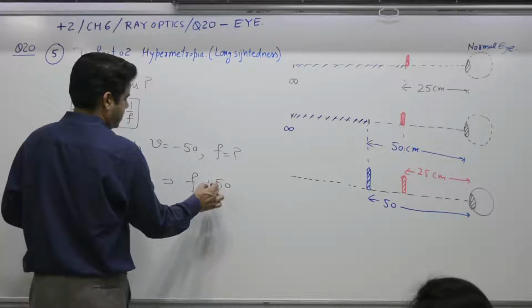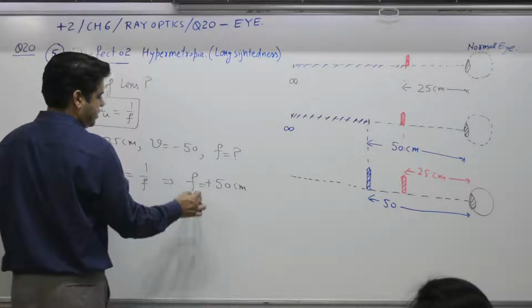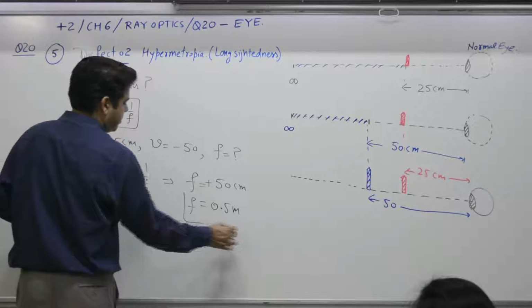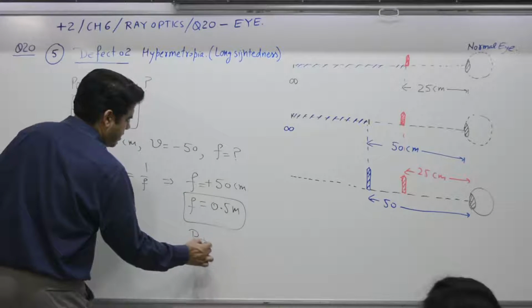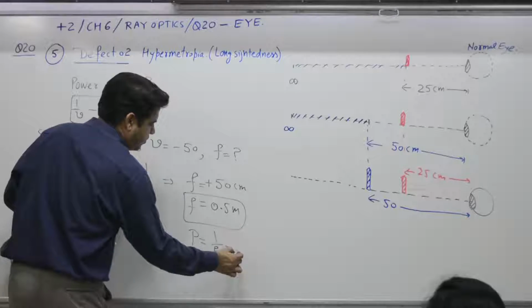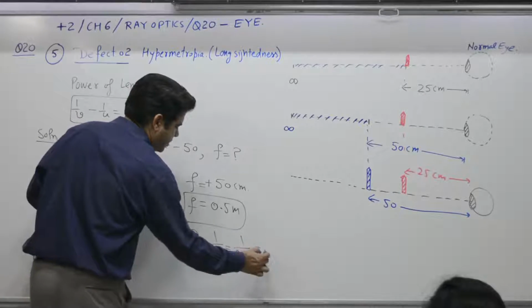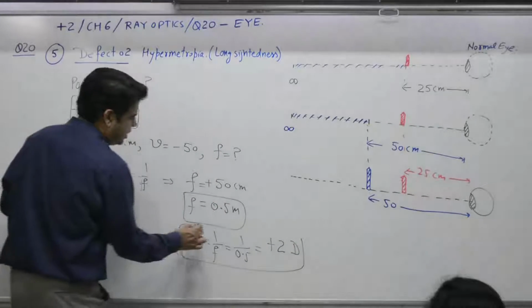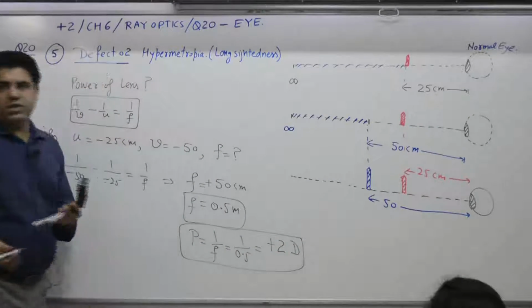Plus 50 centimeter or 0.5 meter. This is focal length. Power is equal to 1 by F, 1 by 0.5 is equal to plus 2. Units? Diopter. Unit is diopter. 1 minute to complete.